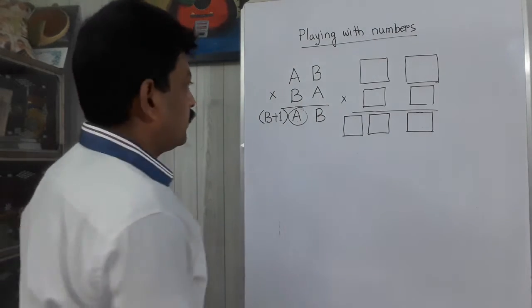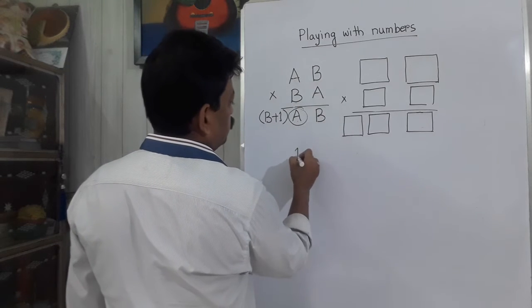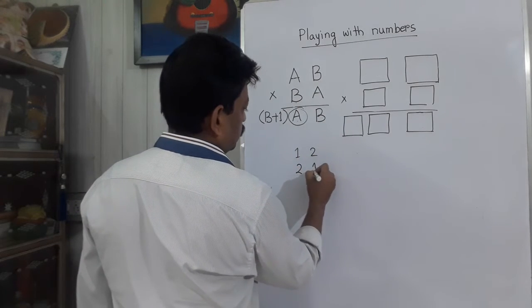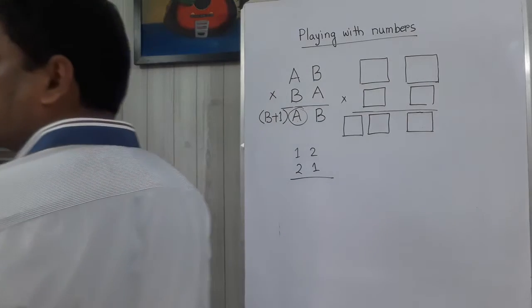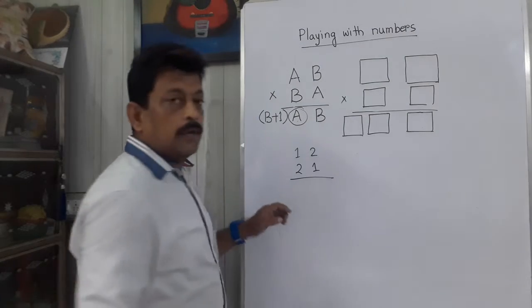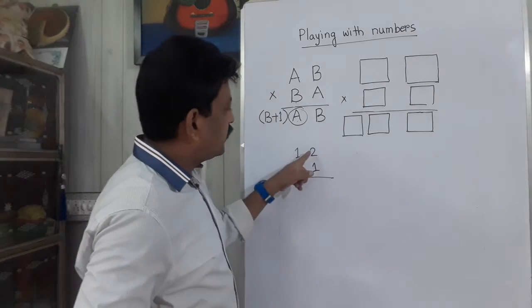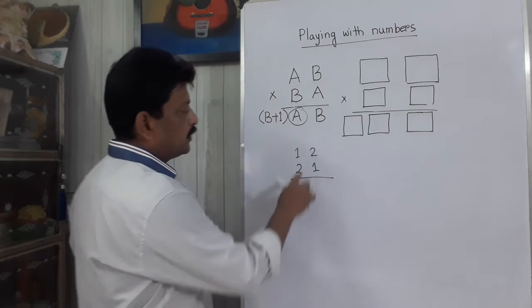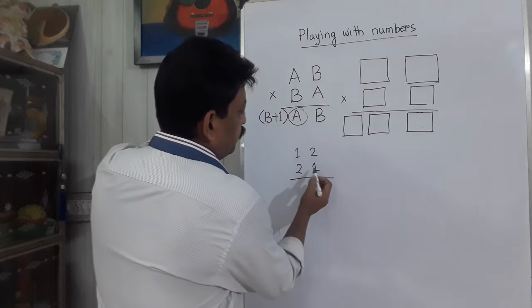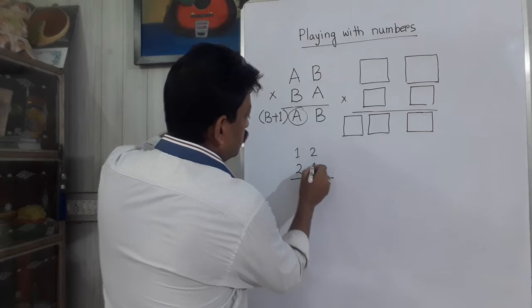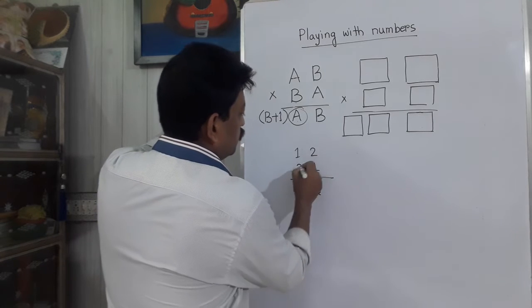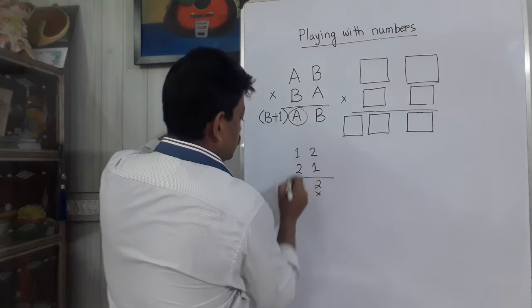We can take any number. So let me try with 12 and 21. I am taking 2 because I cannot take 11. I have to take a different number here. So 2 ones are 2, 1 one is 1, 2 twos are 4, 2 ones are 2.